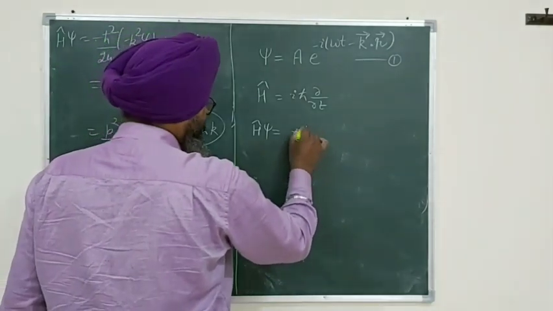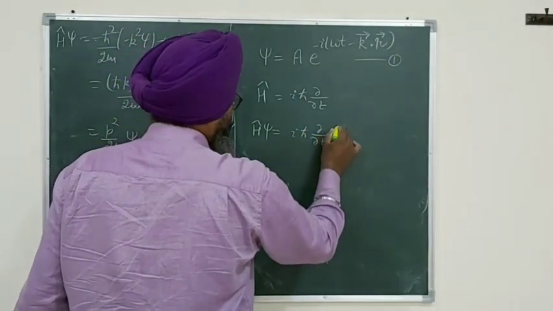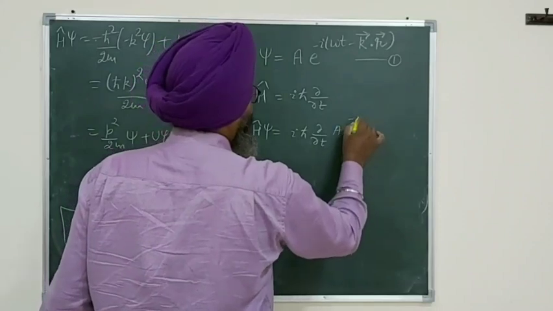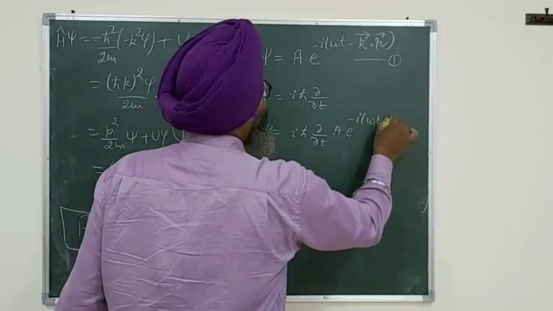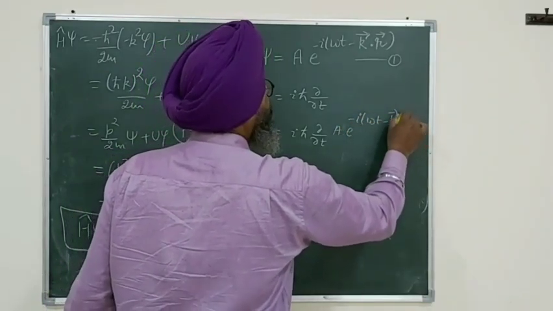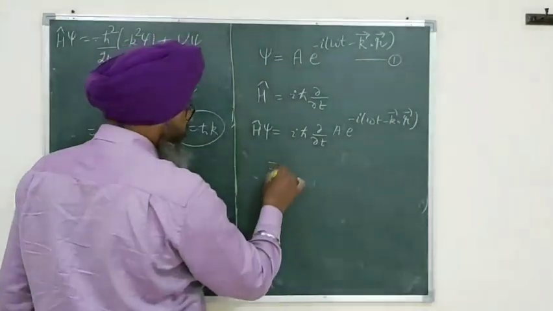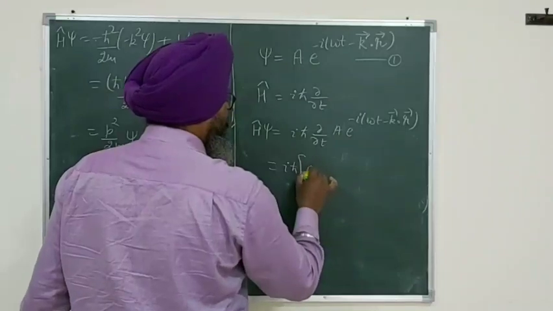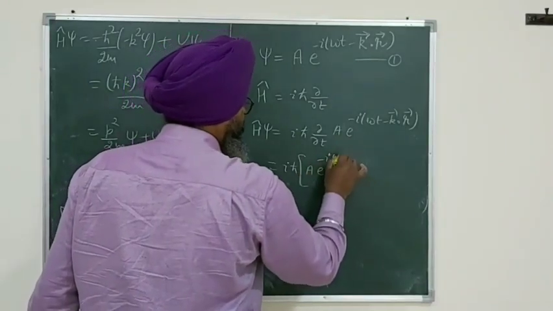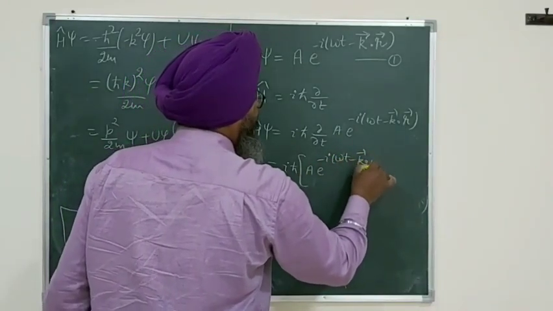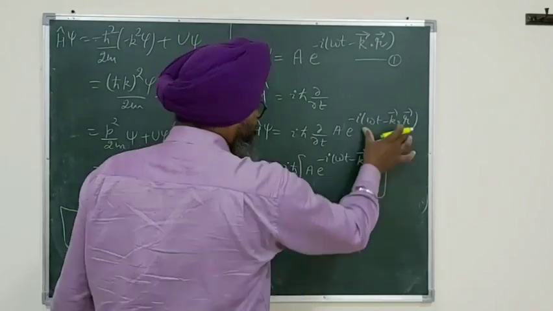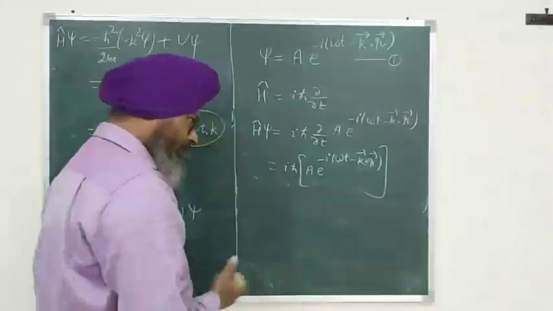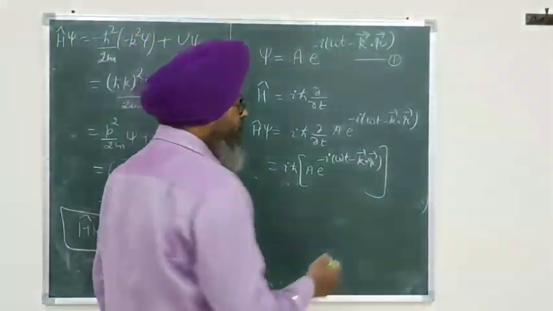It is iota h cross ∂/∂t of a e raised to power minus iota (omega t minus k dot r), and if I solve it I would get iota h cross, then square bracket, same thing again, a e raised to power minus iota (omega t minus k dot r), and derivative of the argument. Since we have done this thing many times, I would just write the result straightforward.